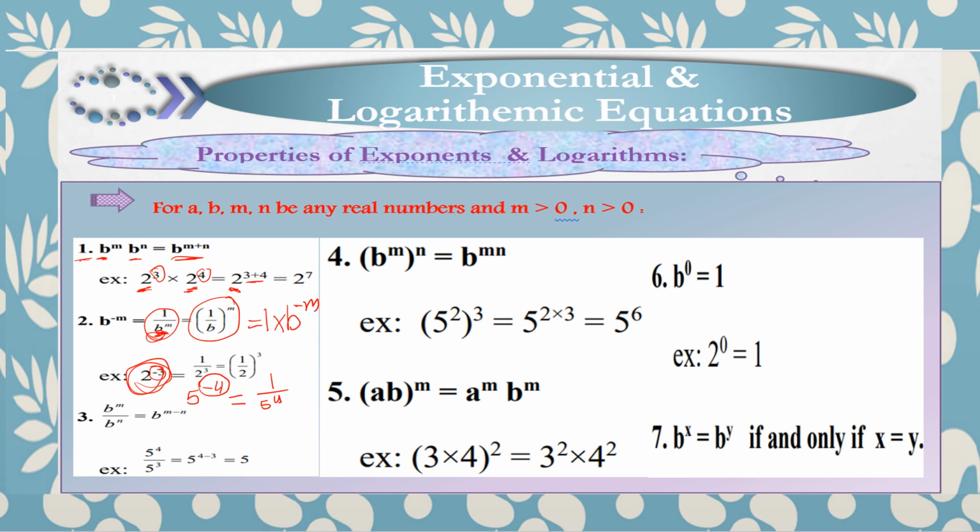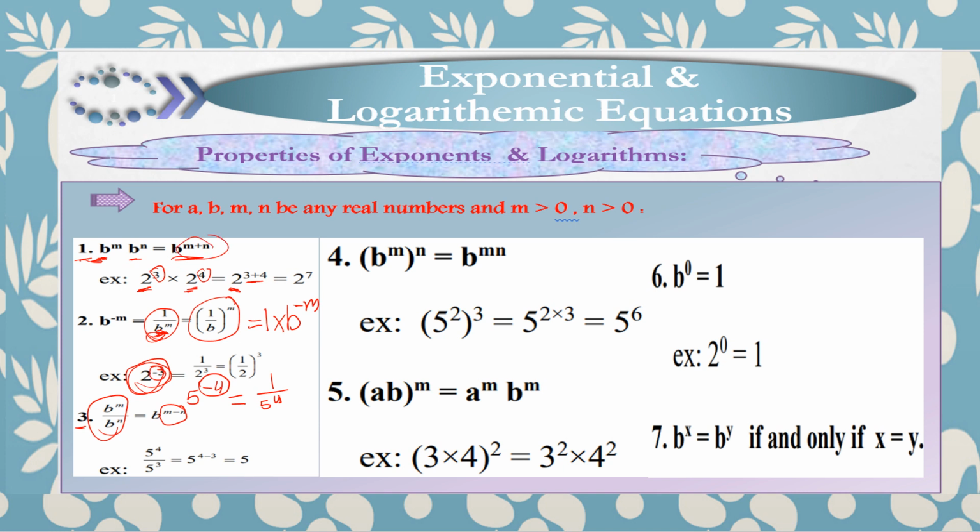The third rule is the division rule. If we have b power m over b power n, then this equals b power m minus n. So in the division, we subtract the exponents. In the multiplication, we add the exponents.